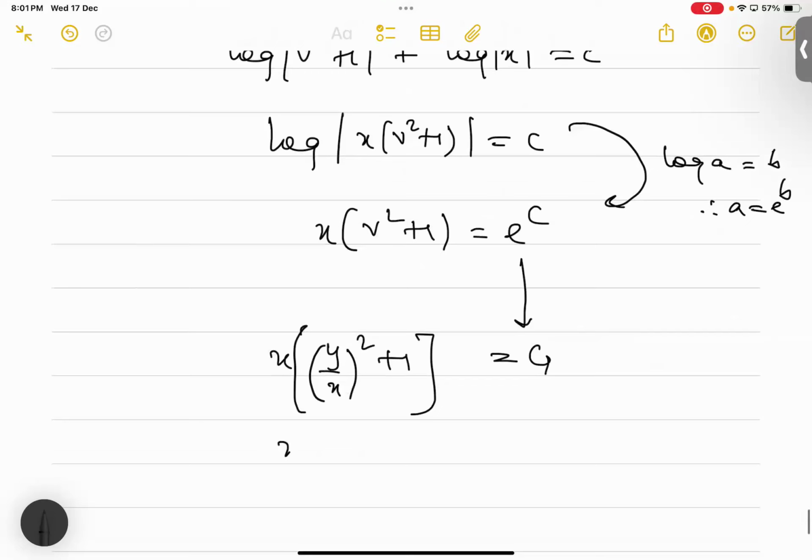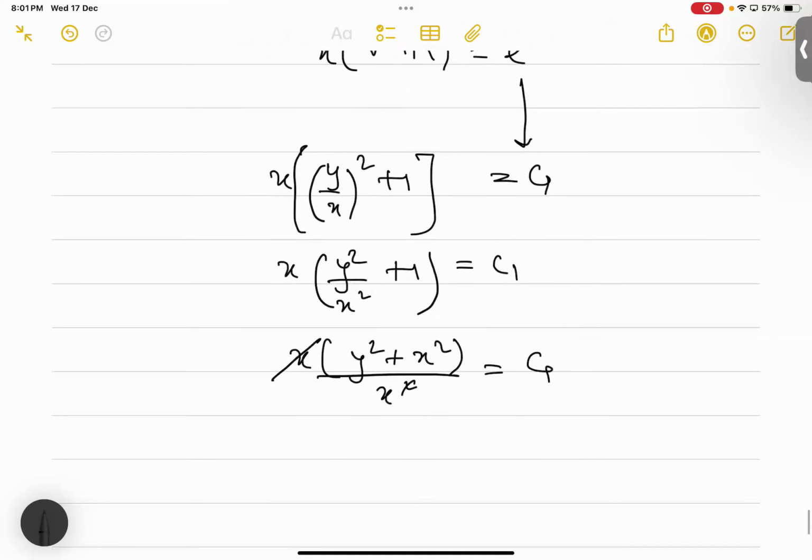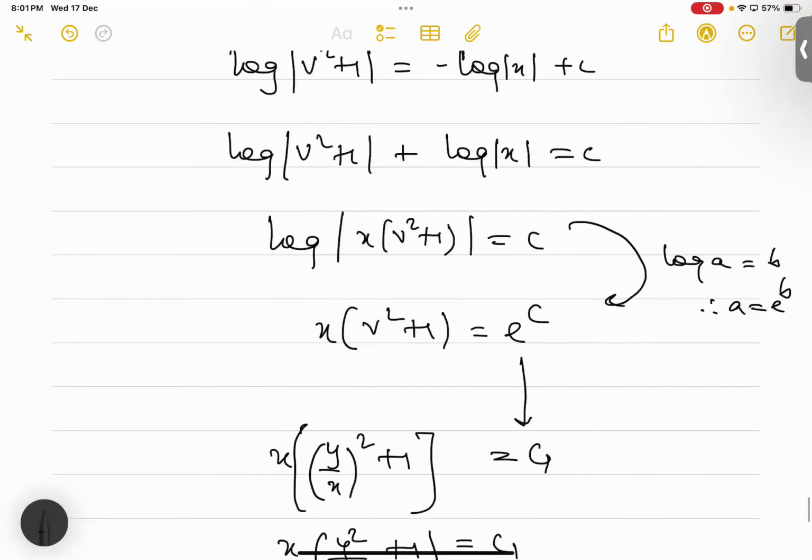V is y upon x. Okay. So x square plus y square is equal to C1x. That x I have just transferred. Okay. Not required. You can end your general solution here also. Not a problem. Fine. But then these are the steps.